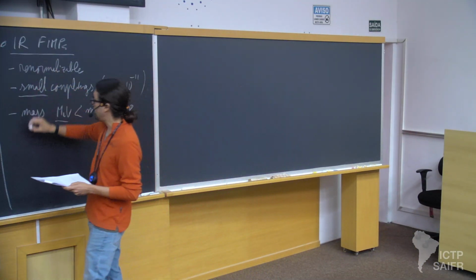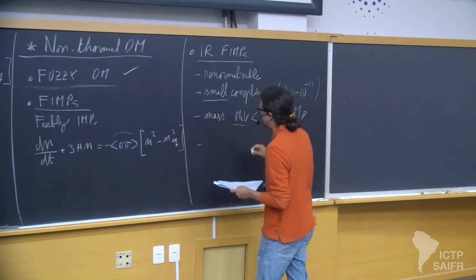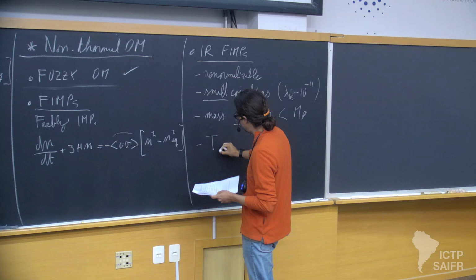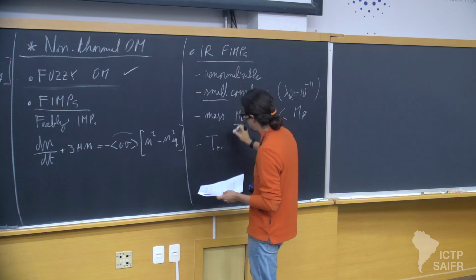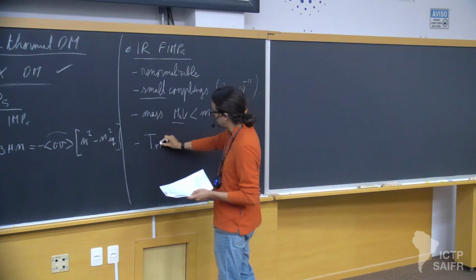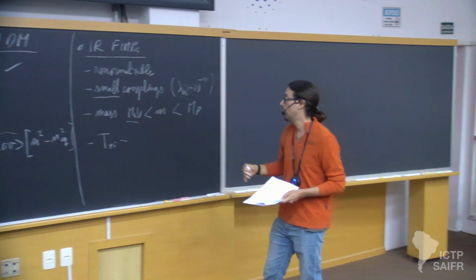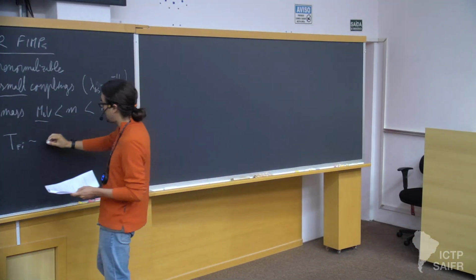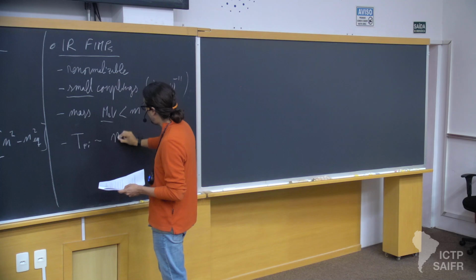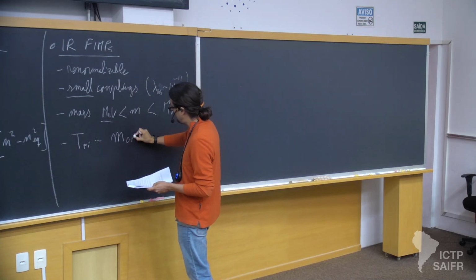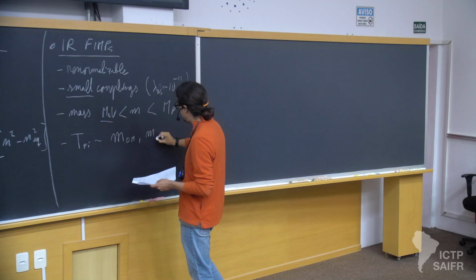And it's called infrared. Basically, we should have started by that because the bulk of the dark matter production happens in the infrared, so small temperatures. So typically when the temperature is of the order of the mass scale of the problem, so the mass of the dark matter or the mass of the mediators.